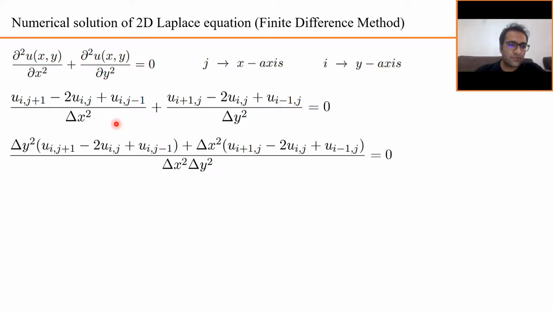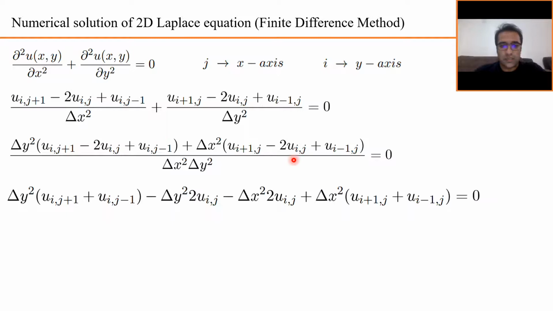And if I simplify it, I have delta y square multiplied by this value plus delta x square multiplied by this value, and the numerator of this should be equal to 0.